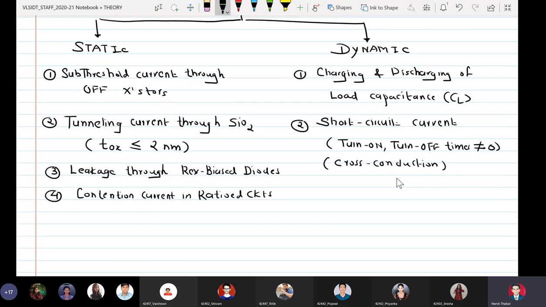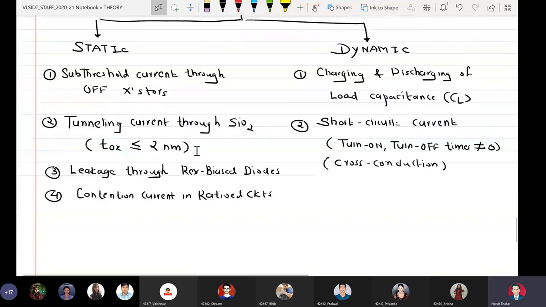We have seen this cross conduction current in the CMOS inverter when we saw the voltage versus current waveforms in the Microwind tool. We had current spikes, which indicated current flowing between VDD and ground every time the PMOS and NMOS were switching states between each other.